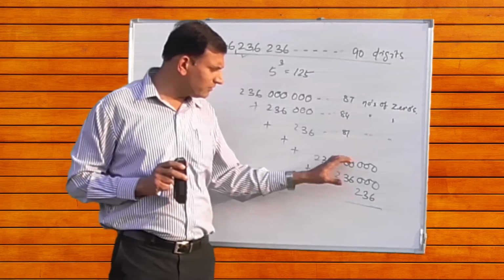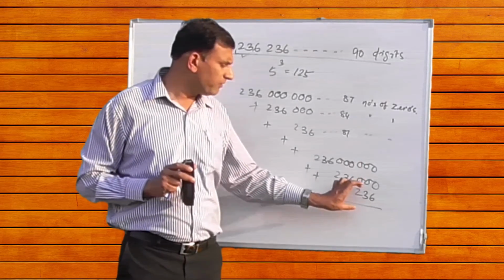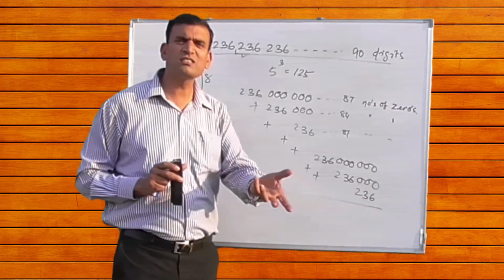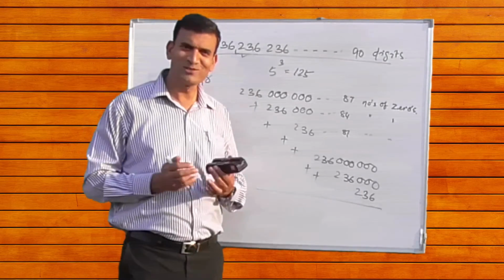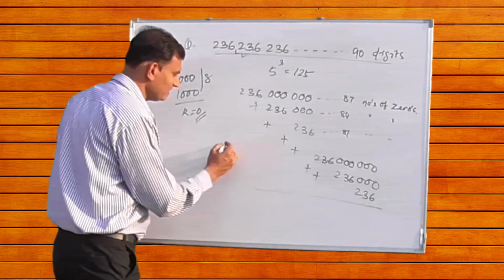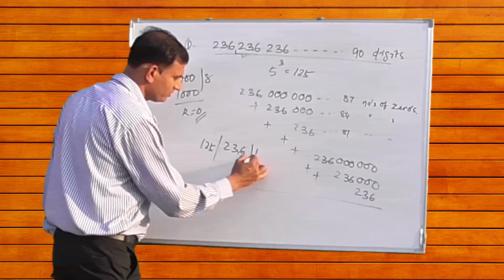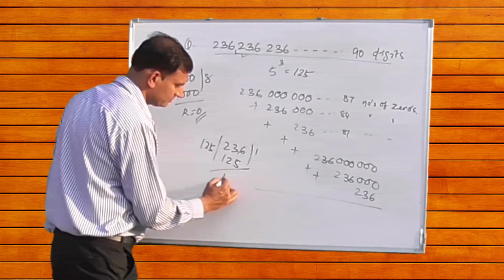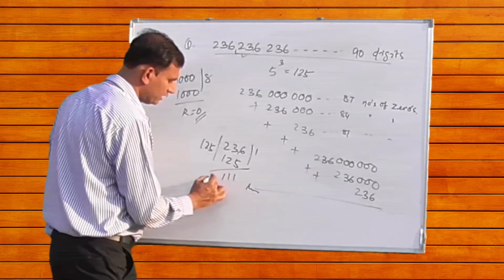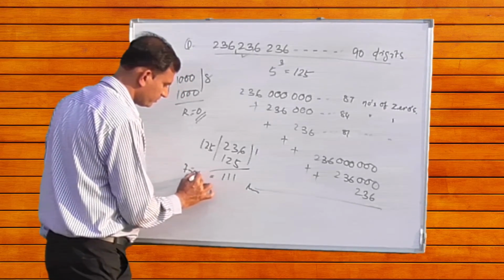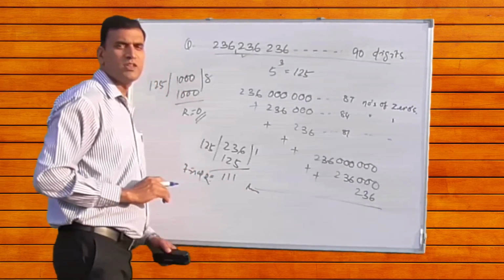So if all are divisible by 125, what is the final remainder? 236 divided by 125, so the remainder in this case is 111.